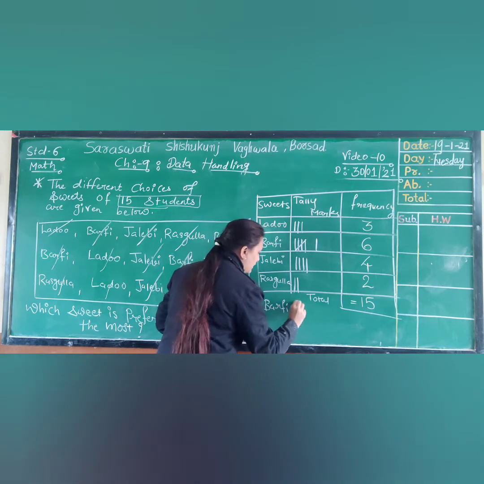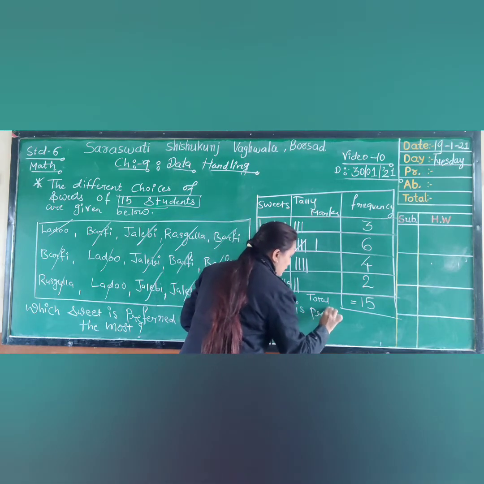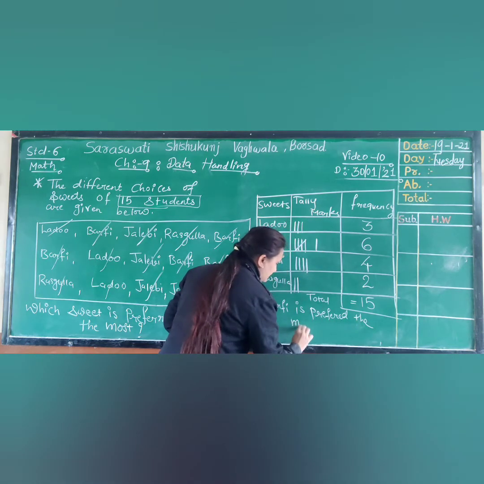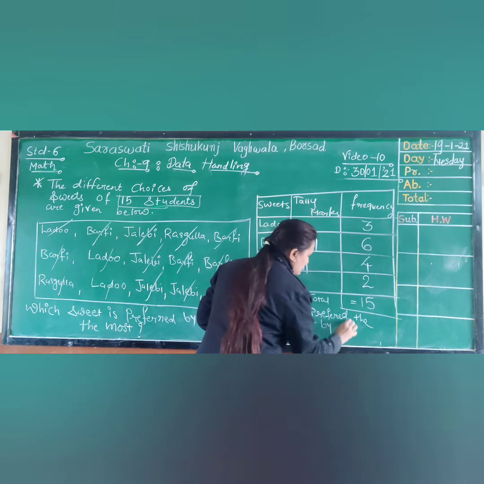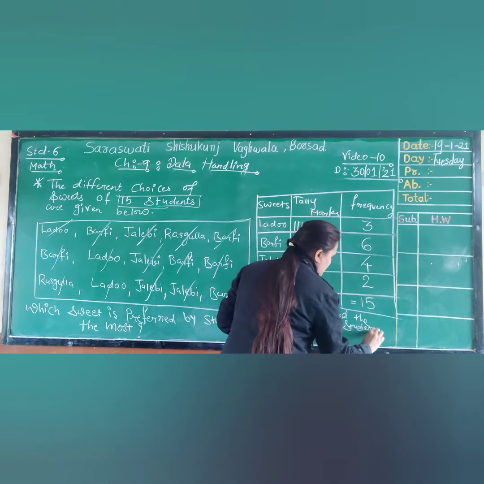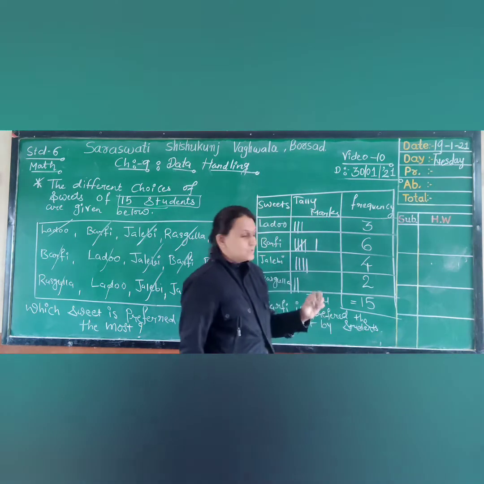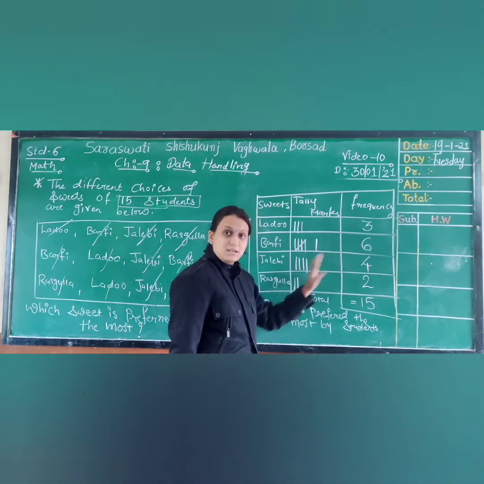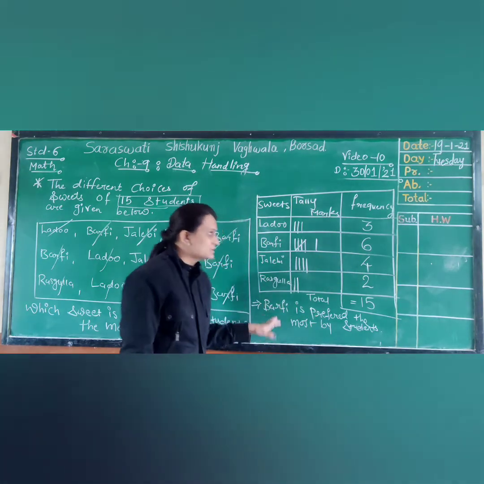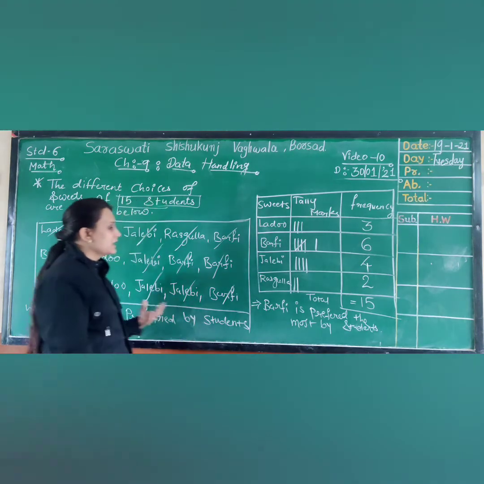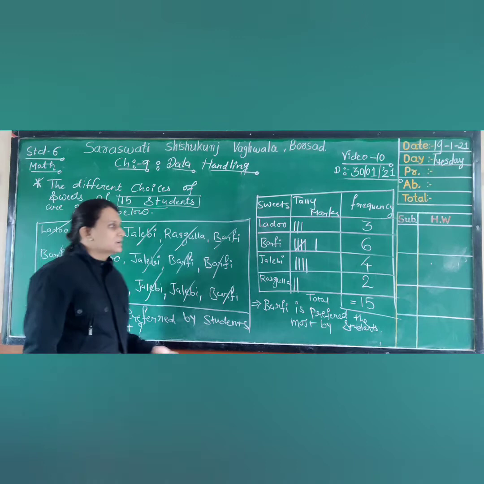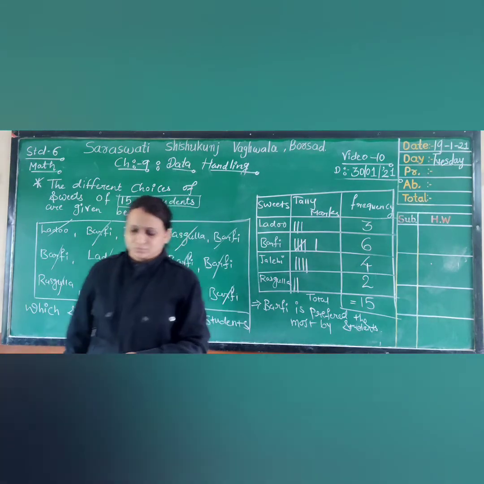Barfi is preferred the most by students. The frequency of barfi is more than the other sweets, so 6. So barfi is preferred by the students the most. This way we can identify the frequency and then answer the given questions.